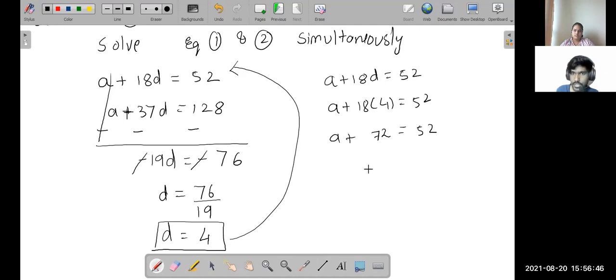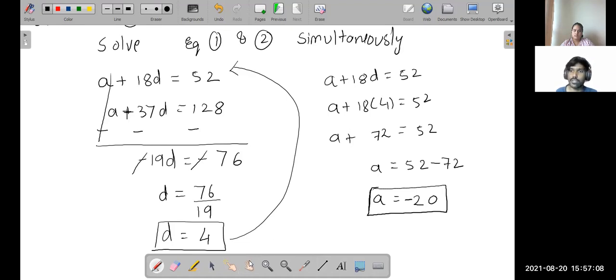Take 72 to the other side. So A will be 52 minus 72, which is 20, but with the sign of the greater number, so minus 20. So A is minus 20 and D is 4. Is this clear?